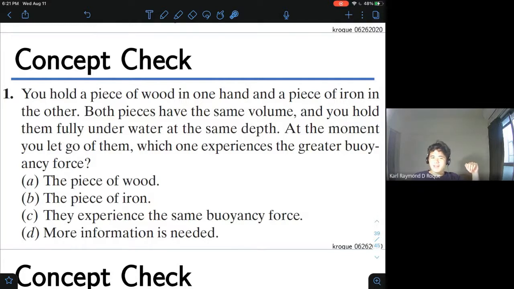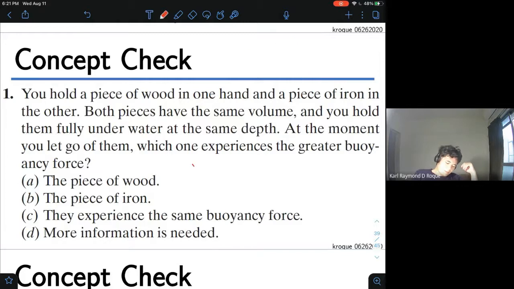Madali lang to. A, B, C, D. Hindi. Ano ulit yung ano? Hindi rin. Hindi rin. Hindi. C. C, guys. C. Bakit? Buoyant force equals weight of the fluid displaced.